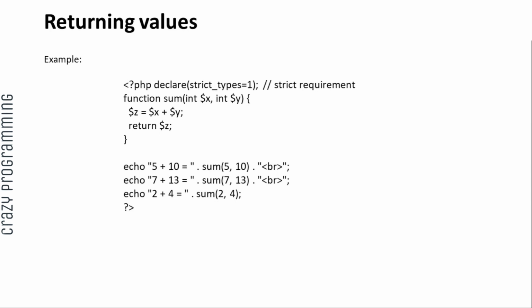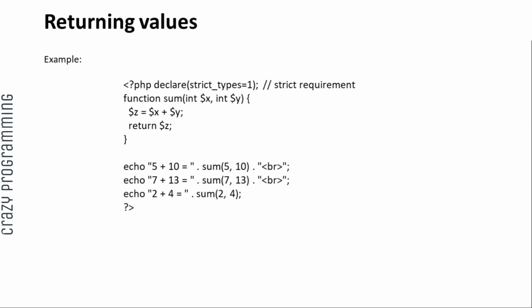Then I use echo. Inside echo I say "5 plus 10 equals to", then I close the double quotes, use a dot, sum, and inside that I use 5 comma 10. So 5 will be x and 10 will be y, as you can see in the function.